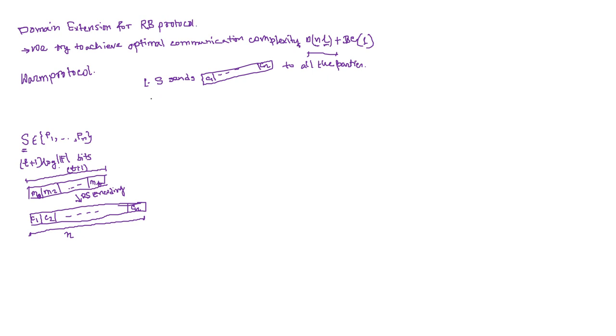Now in the next step, what parties would want to make sure is that the sender sent identical C1 to Cn to a sufficient number of parties. That needs to be ensured, right?